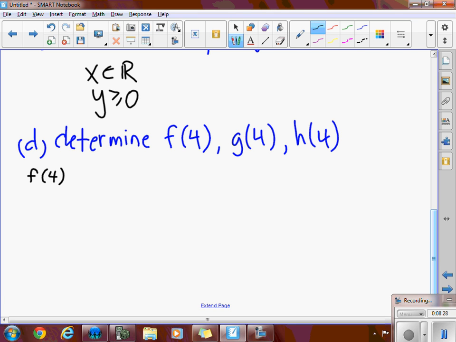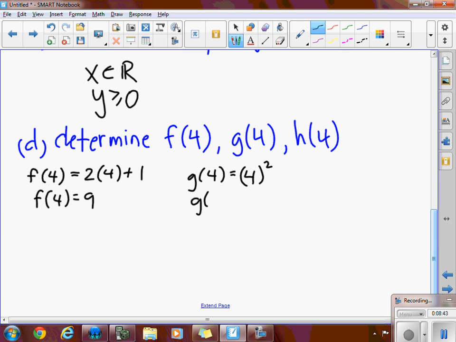So f at 4 would simply be 2 times 4 plus 1, so f of 4 equals 9. G of 4, that's 4 squared, so g of 4 is 16. Now if I look at h of 4, that's a little bigger, but it's 4 squared plus 2 times 4 plus 1. What did that equal?